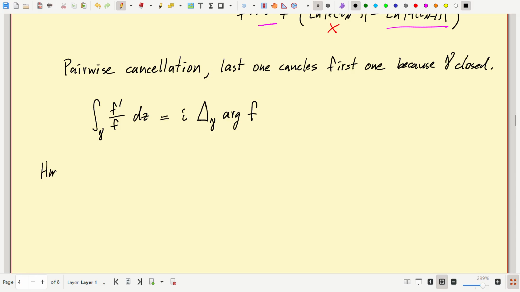If I divide by 2 pi I, I would get the increase in the argument of f divided by 2 pi on the right.